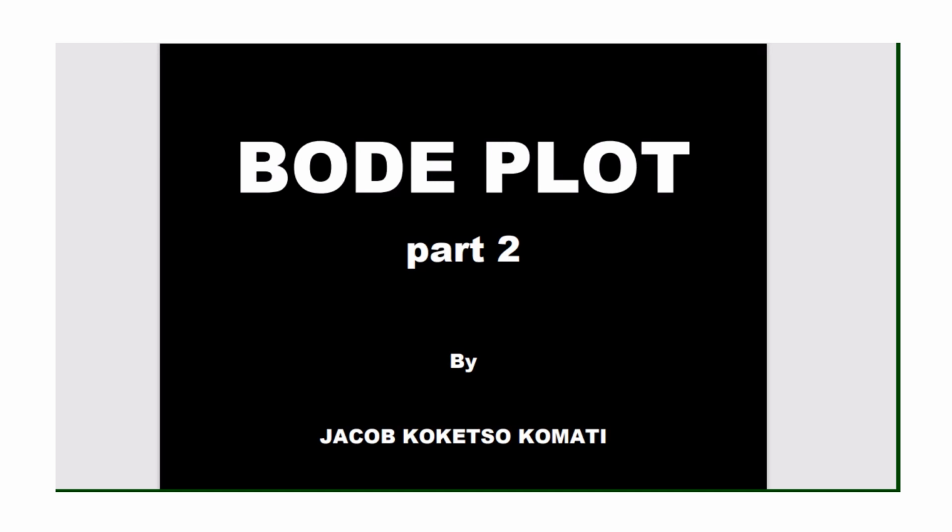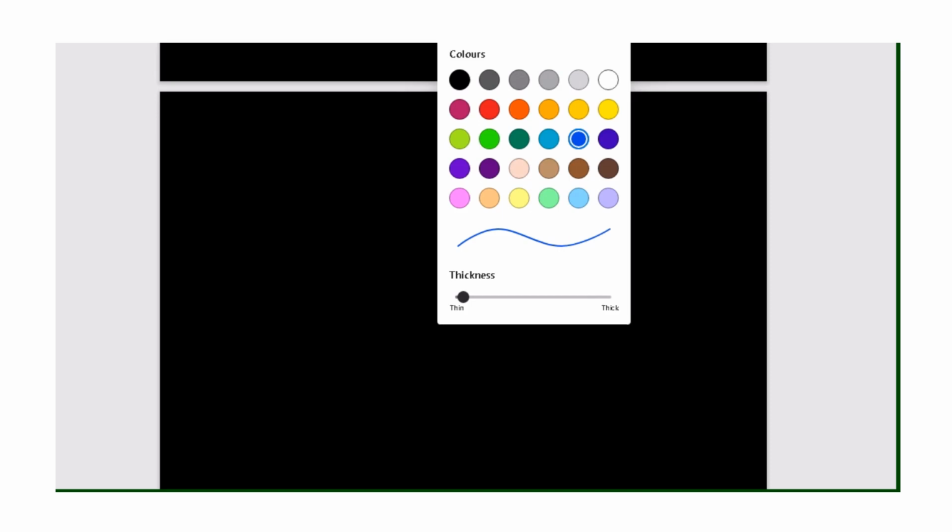I'll show you. But let me just draw an example here quick. Let's say I have a graph like this. Never mind the straight line. Let's say it's gain. With corner frequencies, usually it'll be something like this.